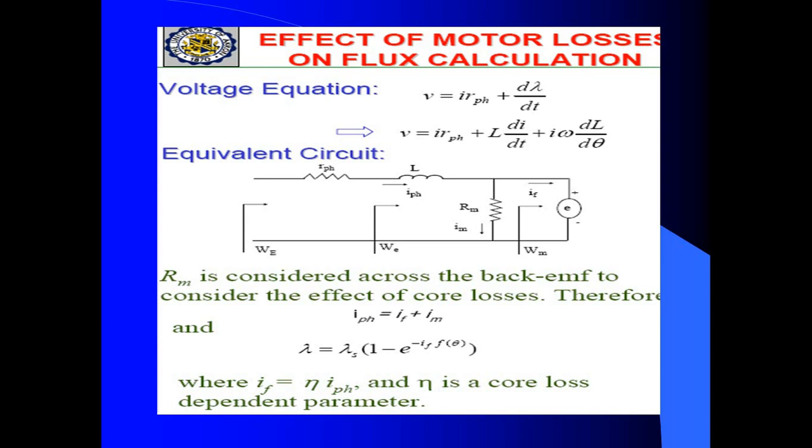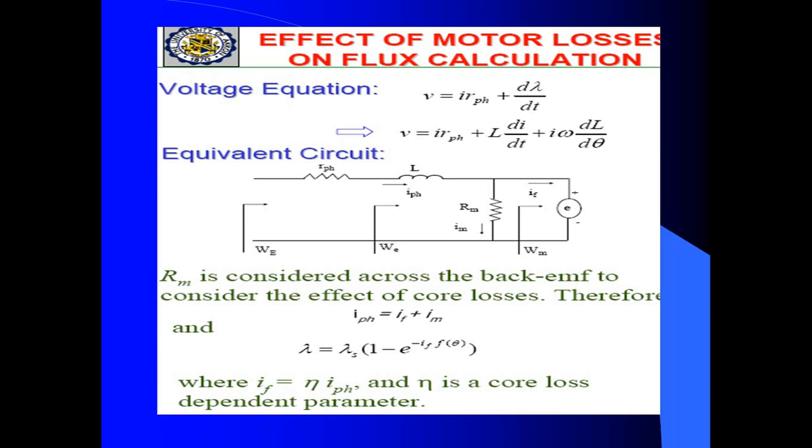Then the equivalent circuit to the input R phase and I phase, resistance and inductance, and then Rm is the magnetizing resistance value, then Im is the magnetizing current, then magnetizing power and field current. Here E, with Rm considered across the back EMF, considers the effect of core losses, therefore Ip is equal to IR plus Im.